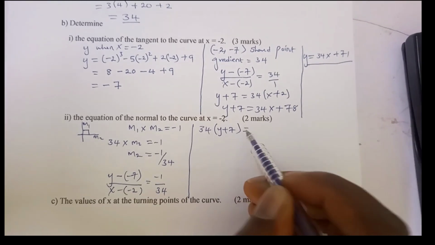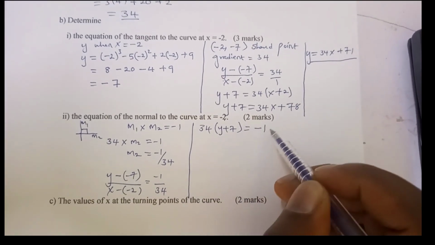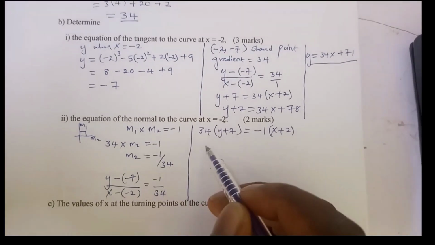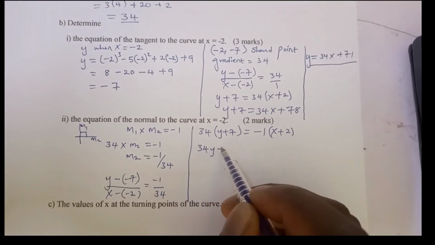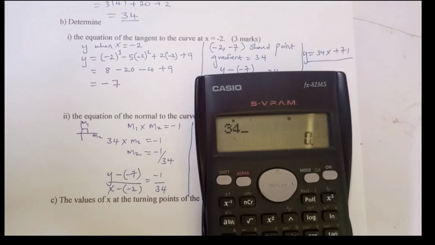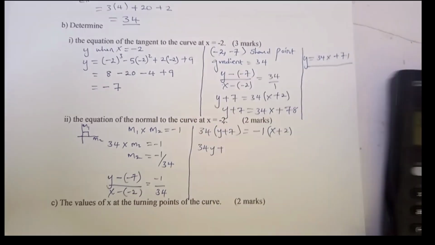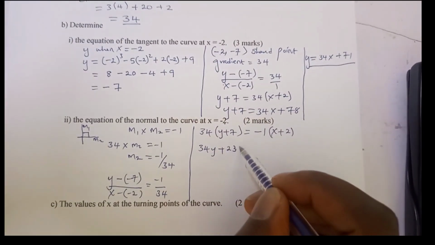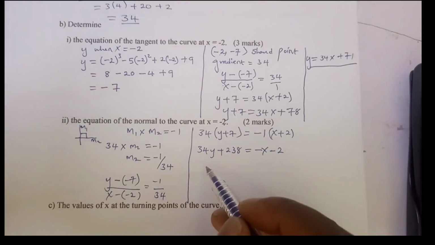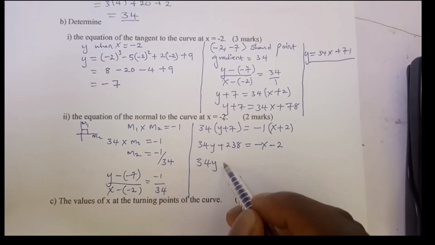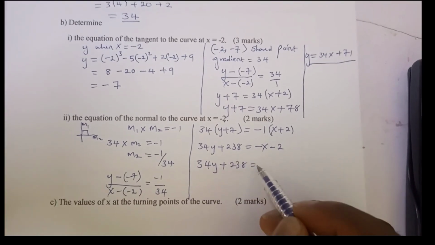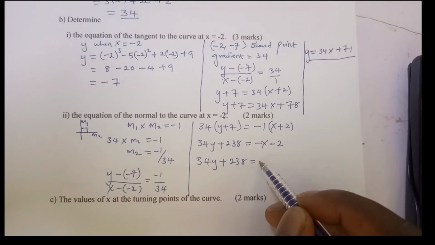Cross multiplying, we are now getting the equation of the normal. Then we open the brackets and put the like terms together. So we get 34y plus 238 is equal to minus x minus 2.